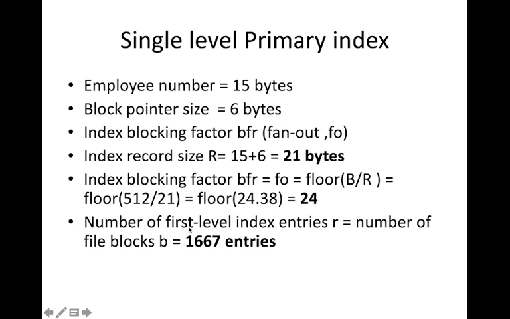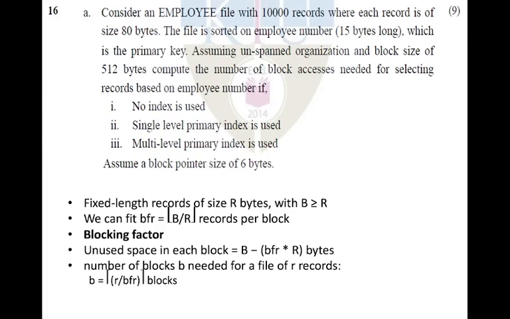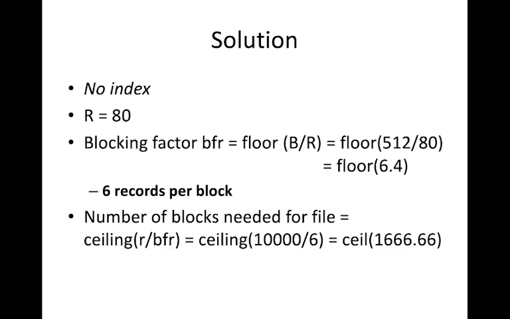Now the number of first level index entries, so how many index entries are there? We have already calculated it in the previous case. We have 512 block size and the record size 80, so 6 records per block.